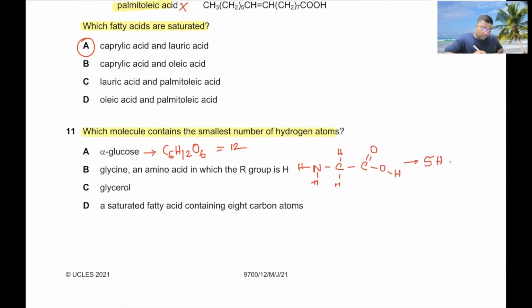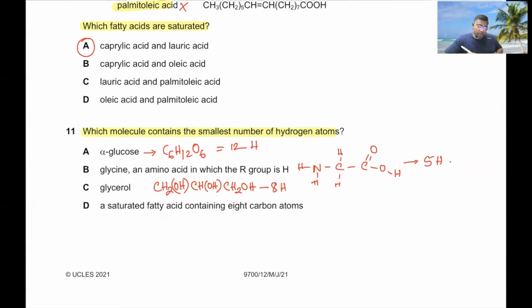Glycerol molecule. A glycerol molecule consists of CH2OH, CHOH, and CH2OH. So there is a total of 2 plus 3, 4, 5, 6, 7, 8. 8 hydrogens.